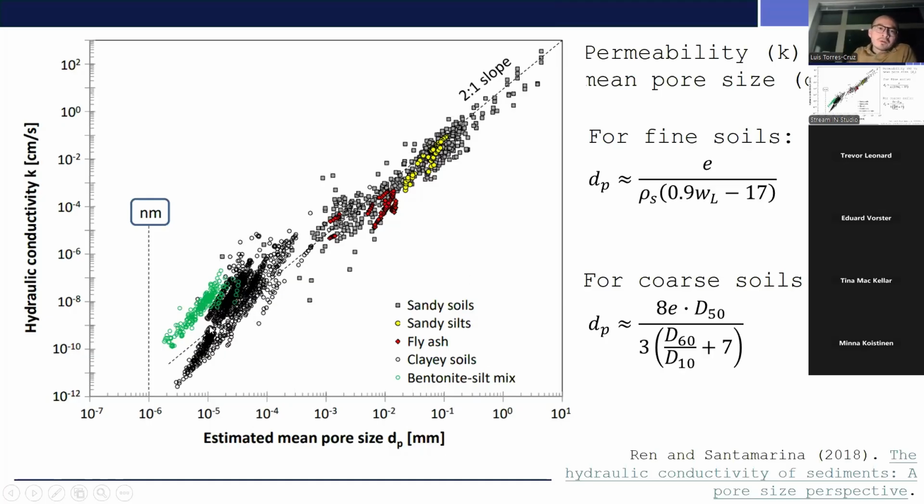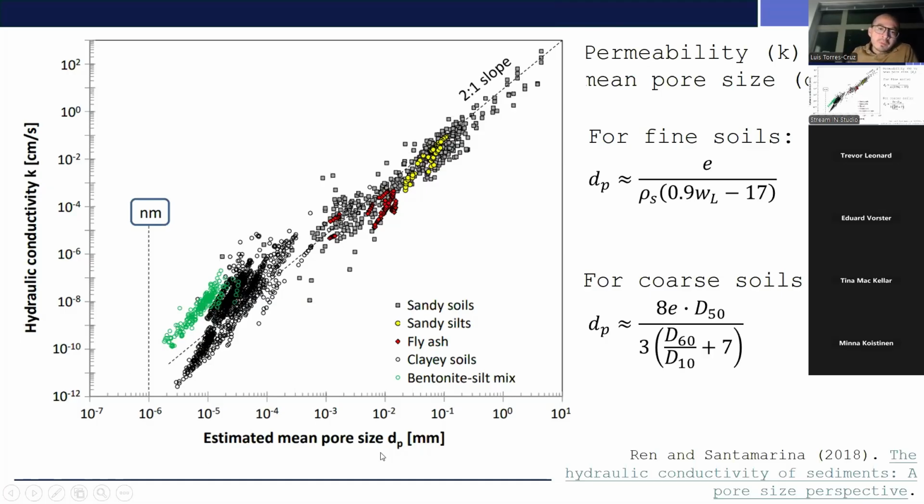Now, there's a lot of data from different sources being shown here, and there's a lot of scatter, therefore, but the correlation is quite significant. And I believe that this is the sort of correlation that one wants to use to get an initial estimate of what might be the hydraulic conductivity of the soil that you are interested in.